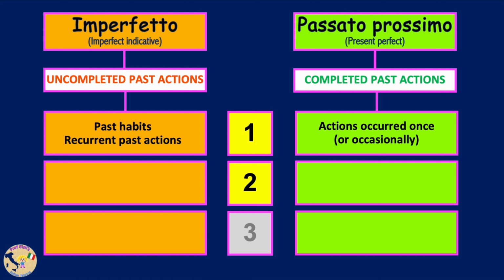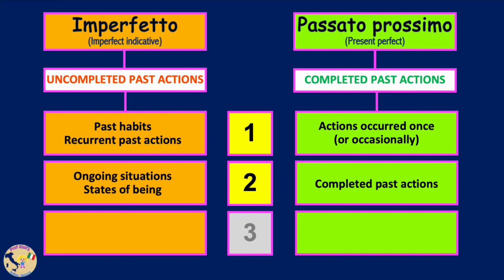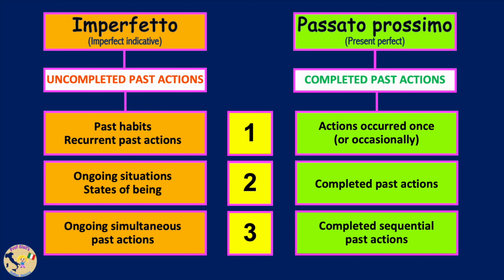We can use the imperfetto to describe situations ongoing in the past or states of being which lasted for an unspecified period of time in the past, whereas we use the passato prossimo to describe actions completed at a precise time in the past. 3. We use the imperfetto to describe ongoing simultaneous past actions, whereas we use the passato prossimo to describe completed sequential past actions. Let's look at these categories one by one.